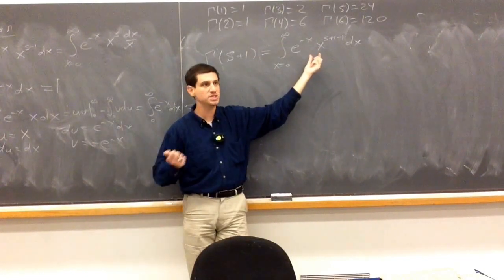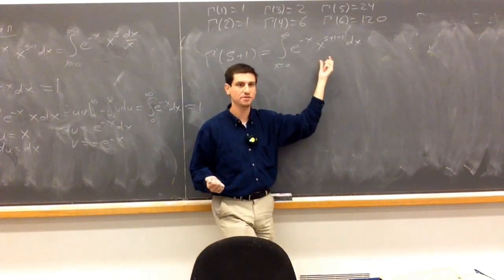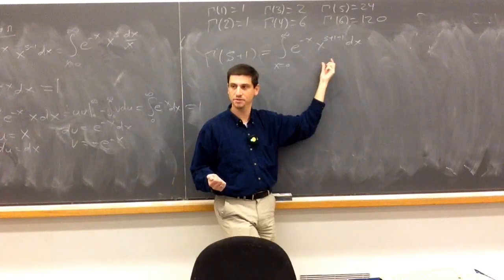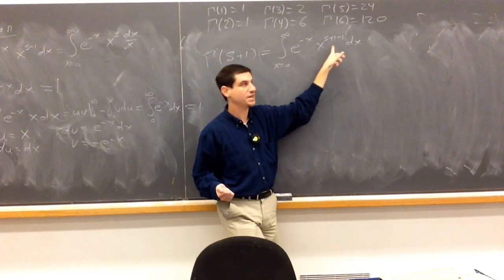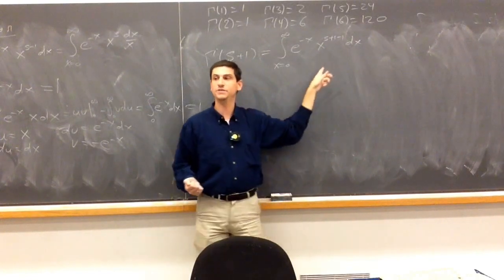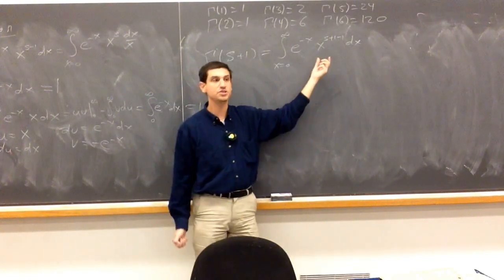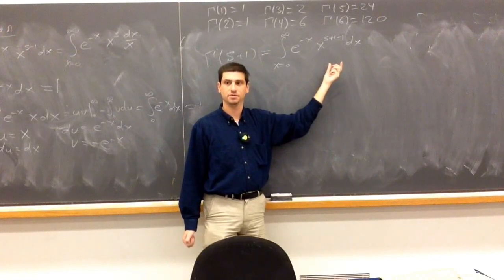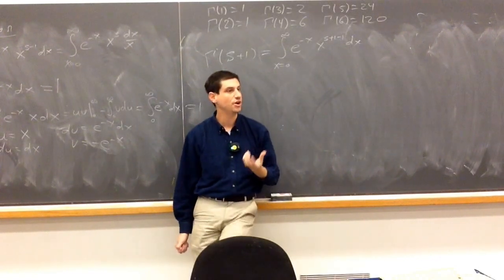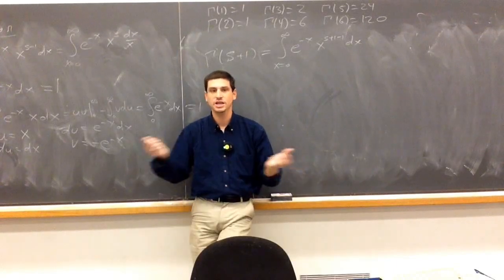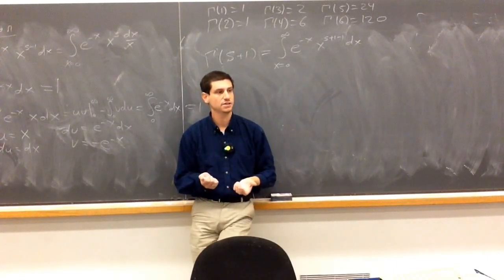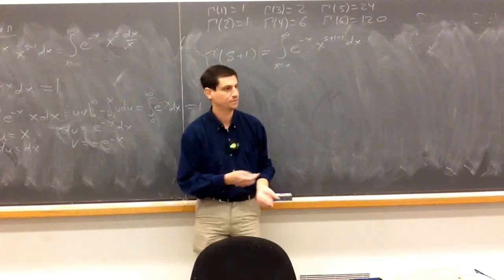As x gets close to 0, e to the minus x looks like 1. So if this exponent is negative 1 or even more negative, this is not going to be integrable. The function 1 over x is non-integrable. It blows up. The function 1 over x squared is non-integrable. It explodes too rapidly at 0.